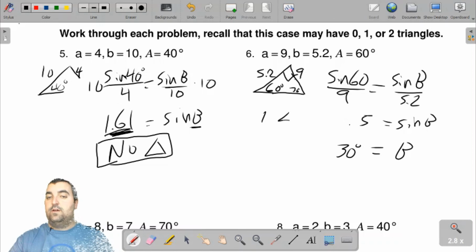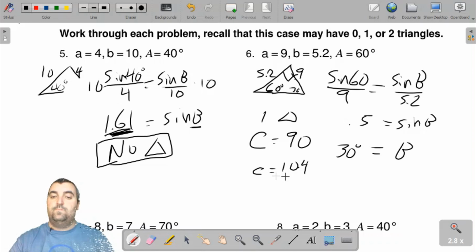So you get one triangle, and you know that angle C is 90, and then you could also figure out what this side is, either using your calculator or just knowing it's a 30, 60, 90. It would be 10.4. Okay, so if they wanted you to solve for the triangle.